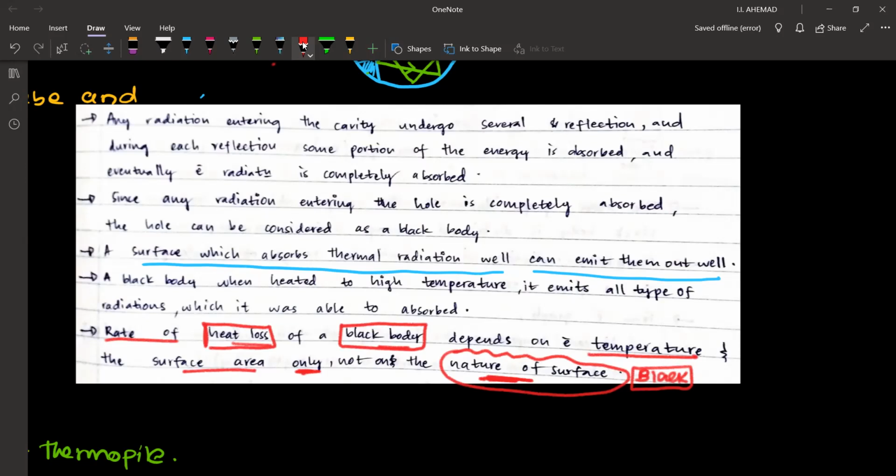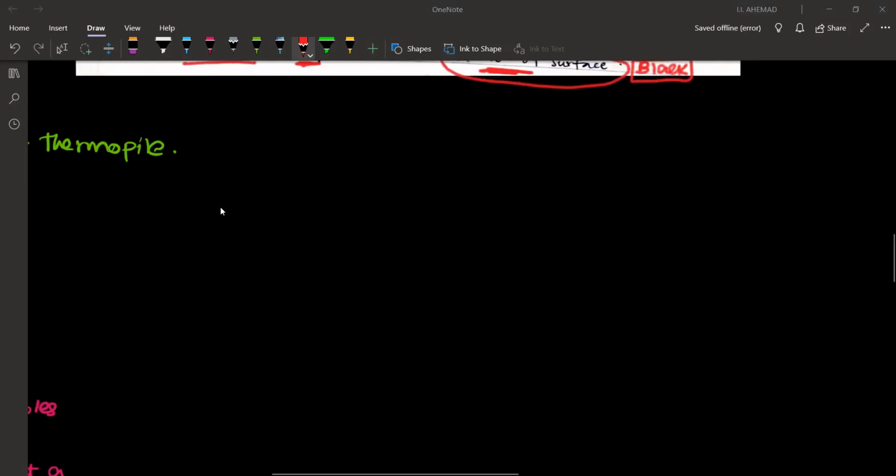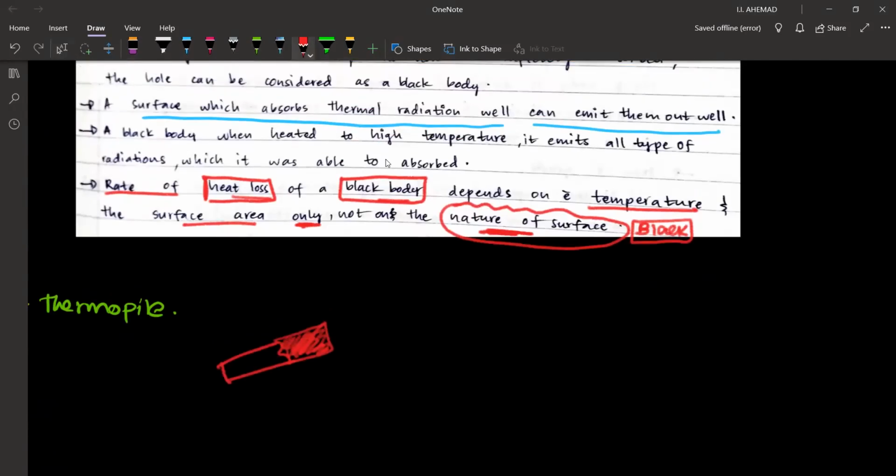And then, when we heat a metal, have you seen that the metal becomes red in color? When a black body is heated to high temperature, it will emit all types of radiation.